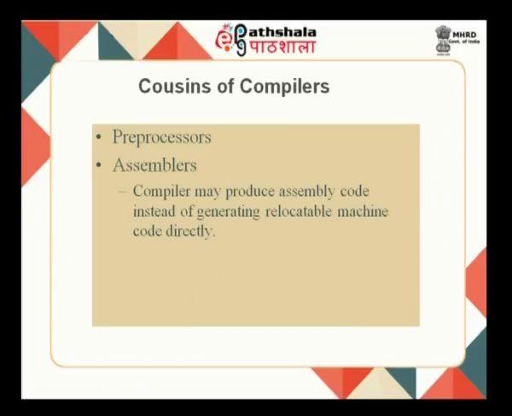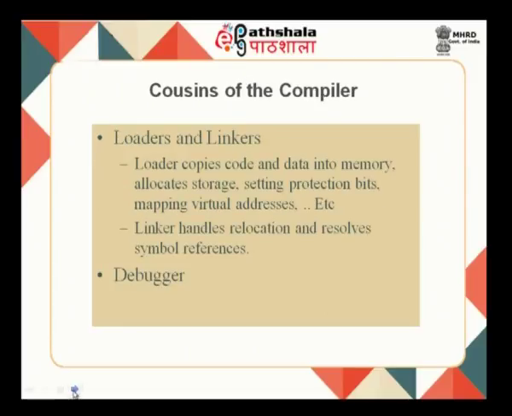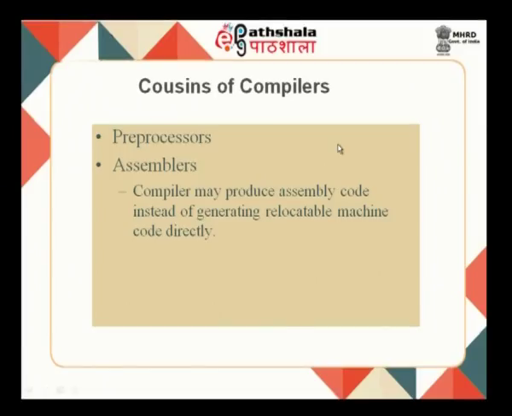Now, after this example, let us move on to the cousins of the compiler. The preprocessor, assembler, loader, linker and the debugger are all called the cousins of the compiler. We already said what a preprocessor is: your hash define, your macros, all these are preprocessors. They are converted into the source language itself before compilation.